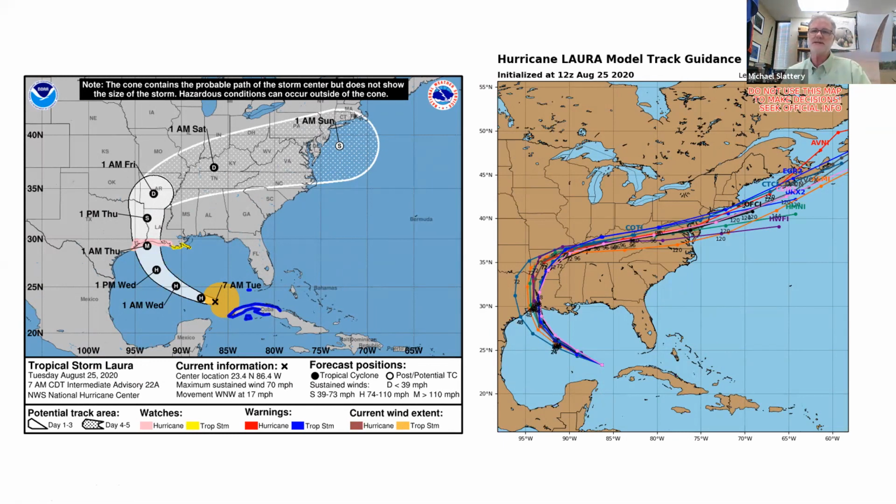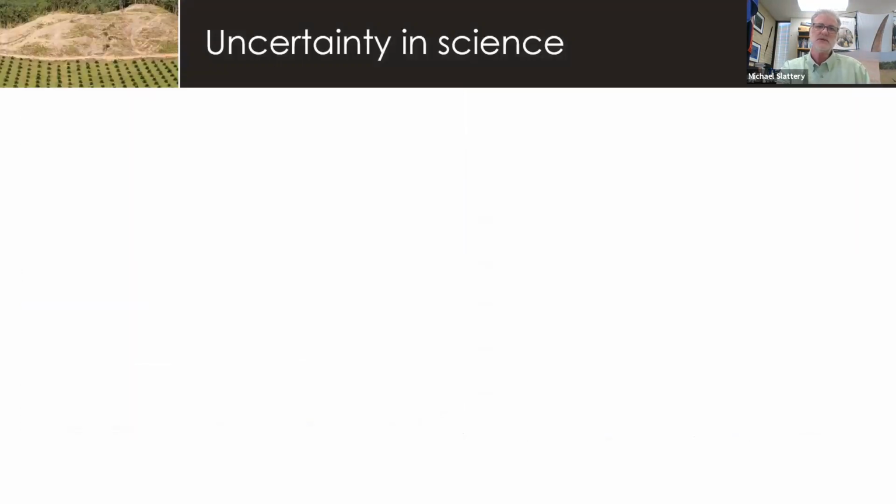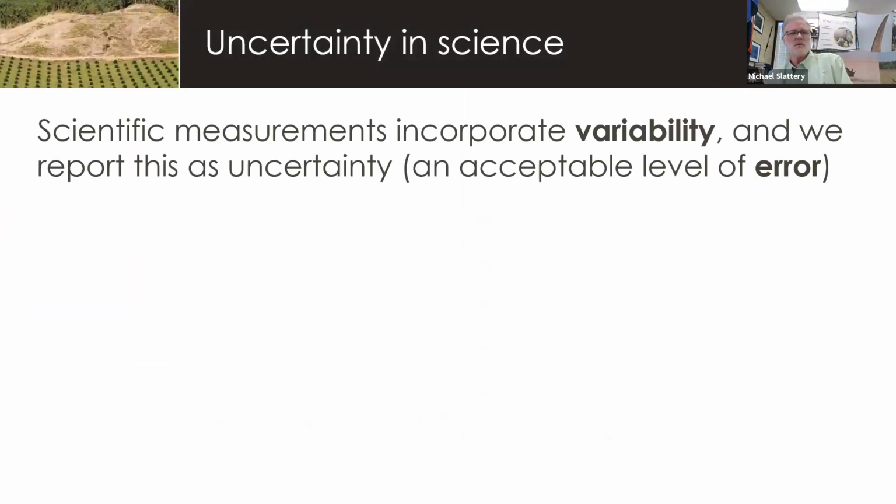My point simply is that uncertainty is just a given. It's something that we have to deal with and embrace and figure out how much confidence we put into a particular data set or a particular forecast. So that's uncertainty. Our measurements incorporate variability.